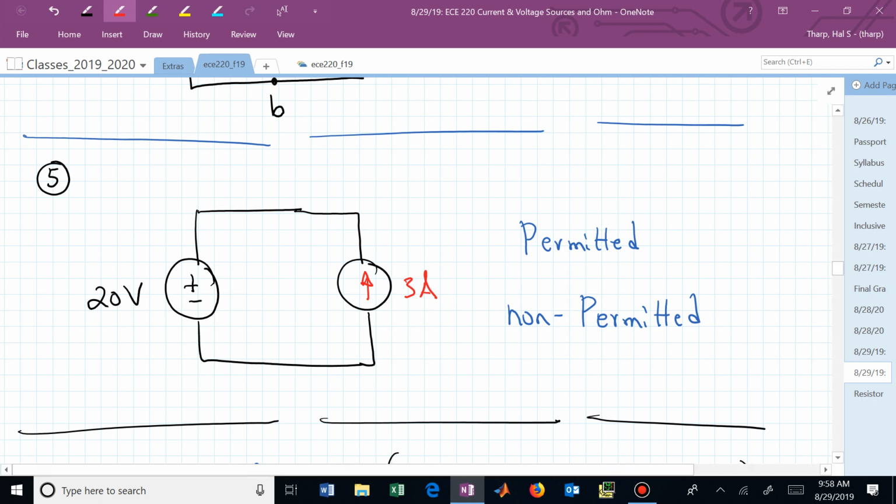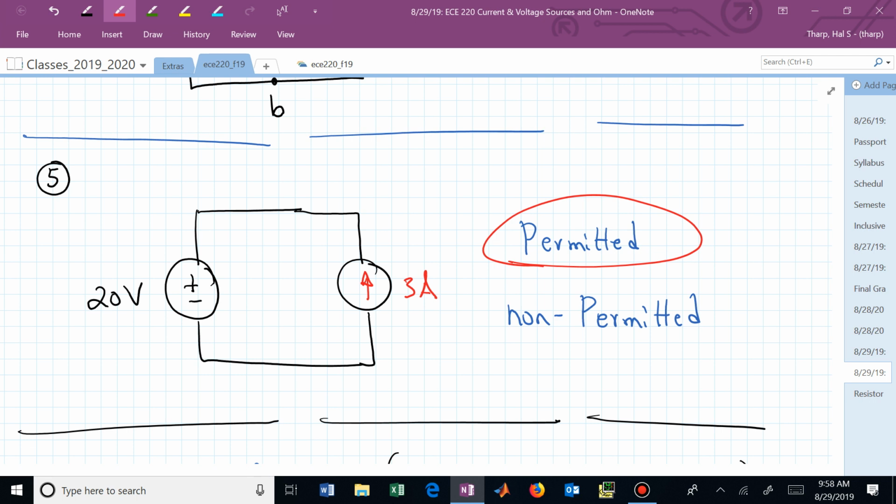So I don't know that it really matters, so I'll just leave it. Let's say that one's now permitted, because you're not asking one or either one to do the impossible. Now they are compatible. The power supply and the current supply can be interconnected.